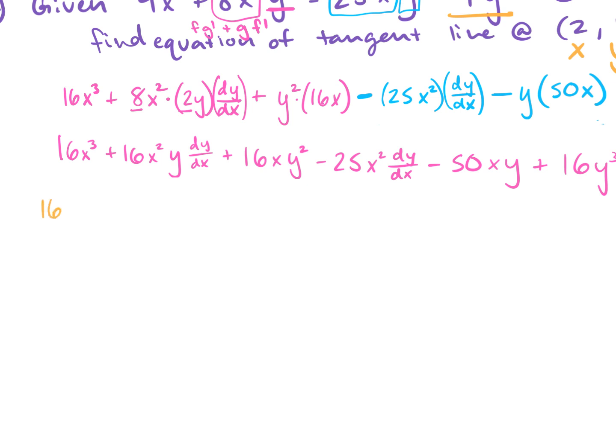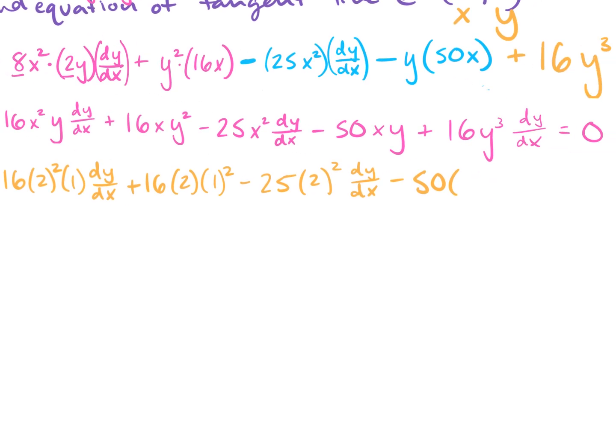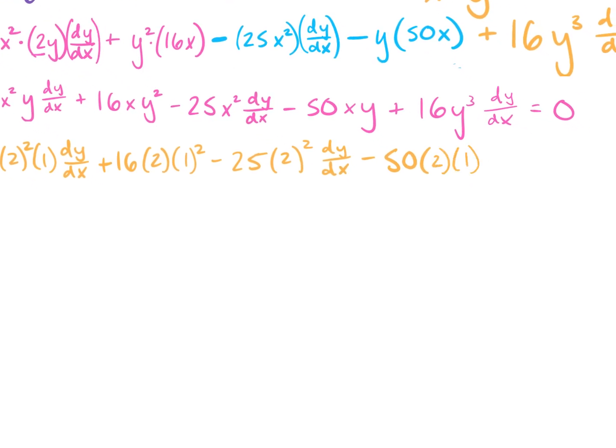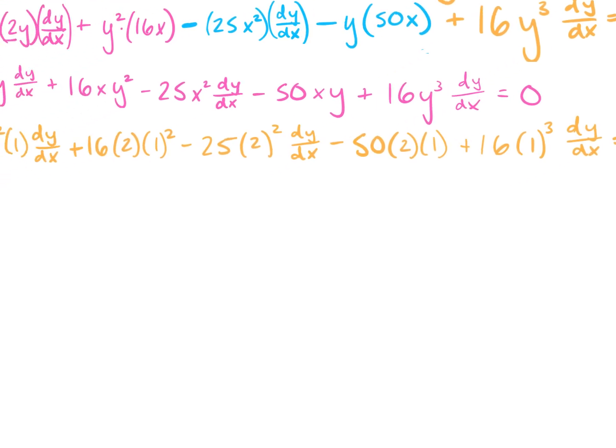So here we have 16 times 2 cubed plus 16 times 2 squared times 1 dy/dx plus 16 times 2 times 1 squared minus 25 times 2 squared dy/dx minus 50 times 2 times 1 plus 16 times 1 cubed dy/dx.